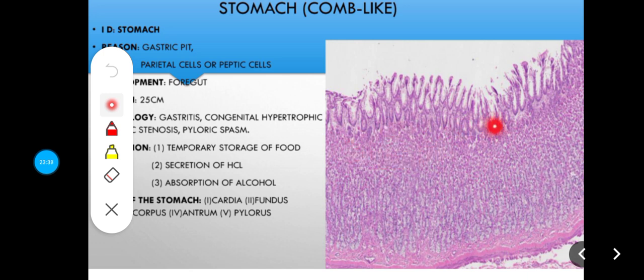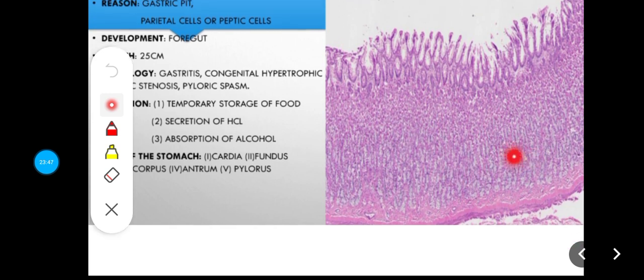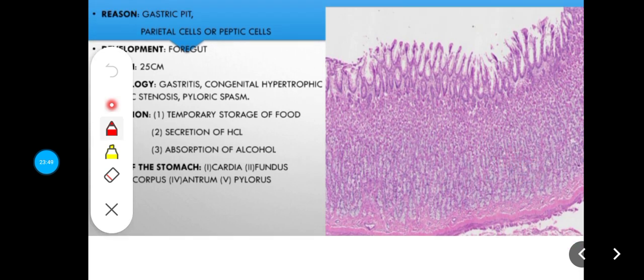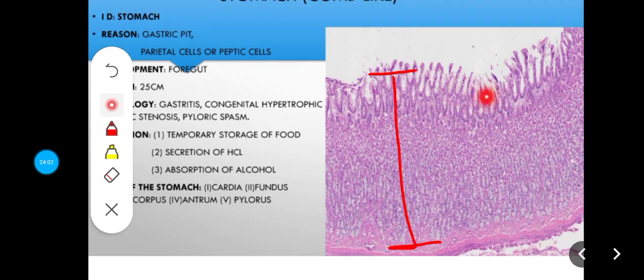Now, at this upper part, you get the gastric pits, and then the lower parts of the mucosa. So this is also part of the mucosa. This area from here to here represents the mucosa. So the simple columnar epithelium around the side.